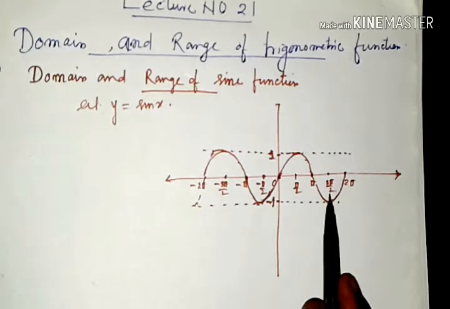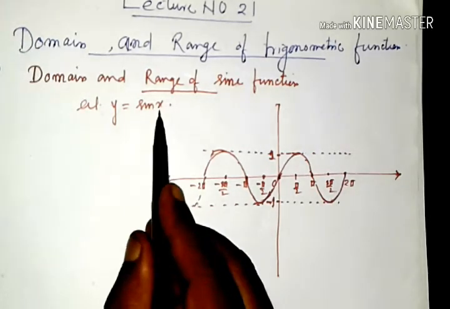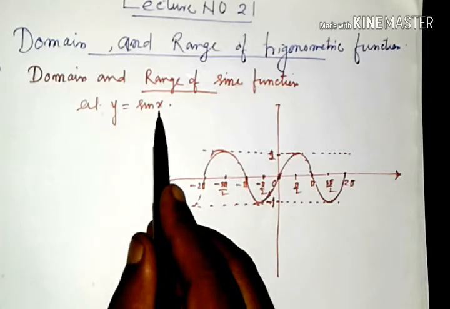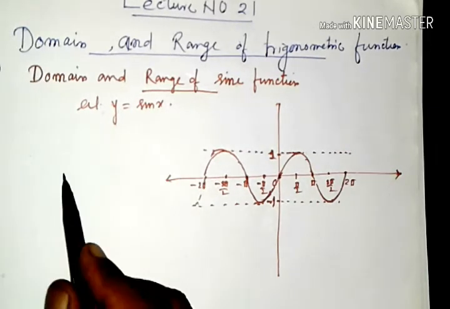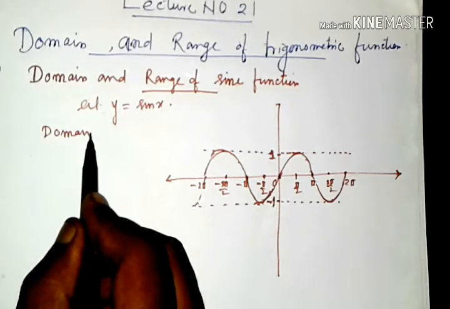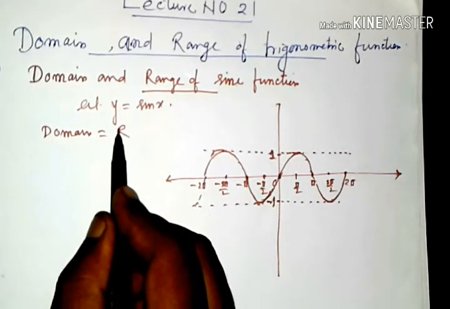From this it is clear that we can put any value of x here. So the domain is equal to the real numbers.